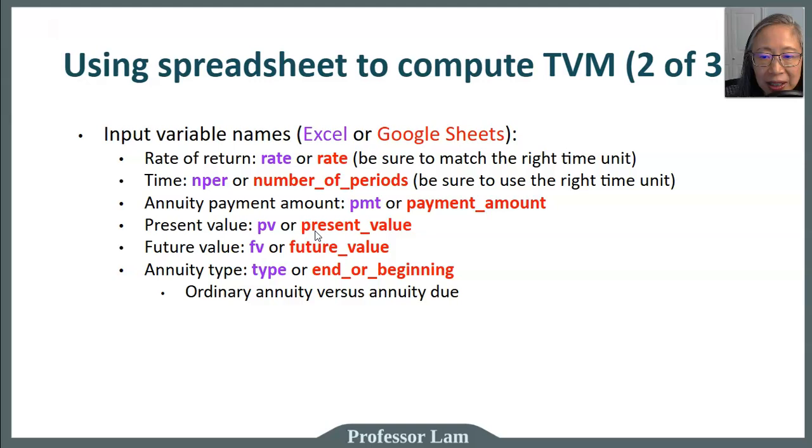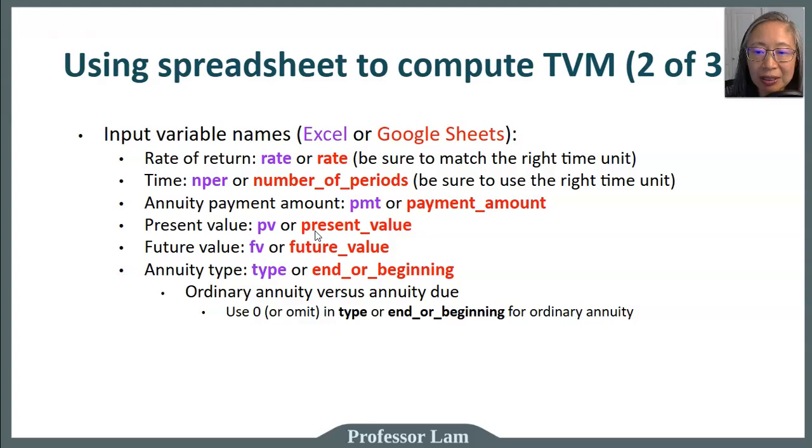This means that they're trying to distinguish whether the annuity you're entering is an ordinary annuity, where all the payments occur at the end of the time period, or an annuity due, where all the payments occur at the beginning of the time period. Zero means that all the payments occur at the end, so this is an ordinary annuity. If you are working with an ordinary annuity, put the number 0 in this variable.